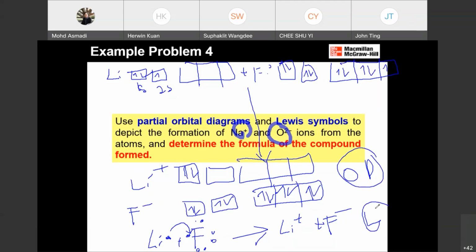Orbital diagram, Lewis symbols. Can you show in the Jamboard? You can sketch on A4 paper and take a picture and paste in the Jamboard also is possible.